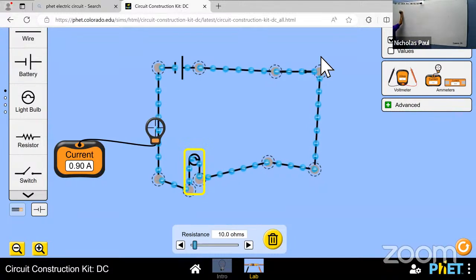Right, so as we said, the V is 9 volts, I is 0.9 amperes, and the resistance is 10 ohms. How do you relate it? Yeah.